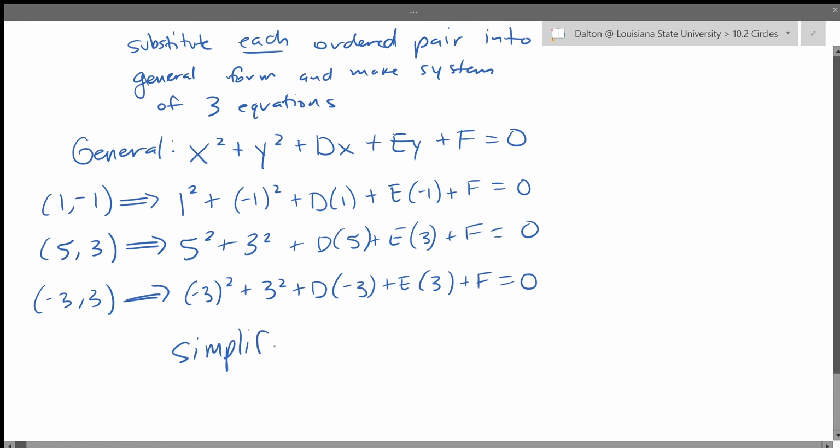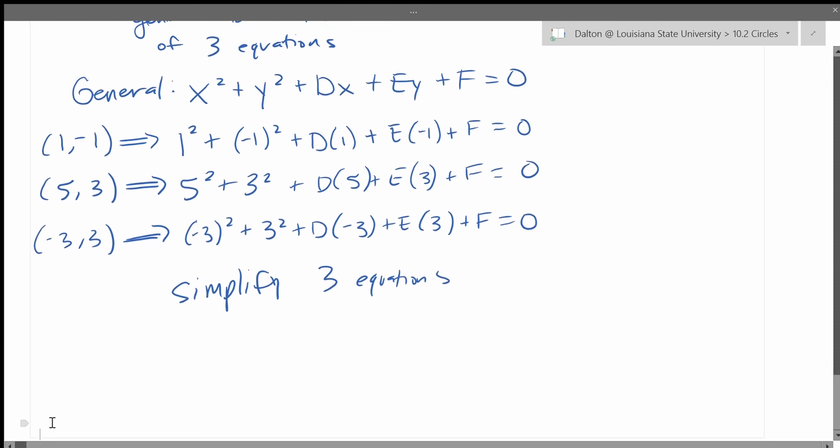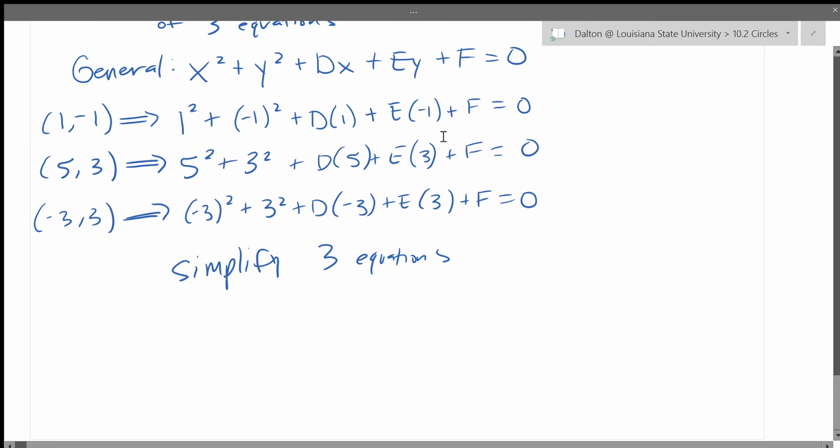So I want to simplify the three equations. Okay, and in doing so, I want to get the d, e, and the f terms on one side, and I want to get the constant on the other side. So if I do that, let's actually just go ahead and square everything first. So 1 squared is 1, plus negative 1 squared is also 1, plus d minus e plus f equals 0. So that's simplifying the first equation.